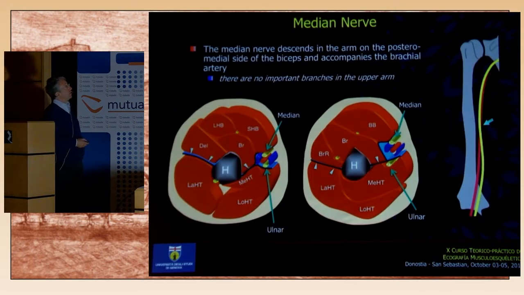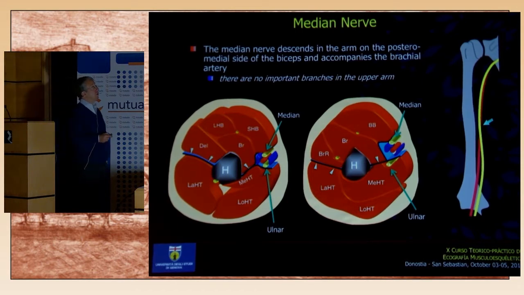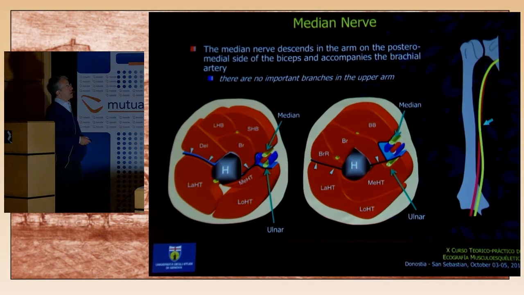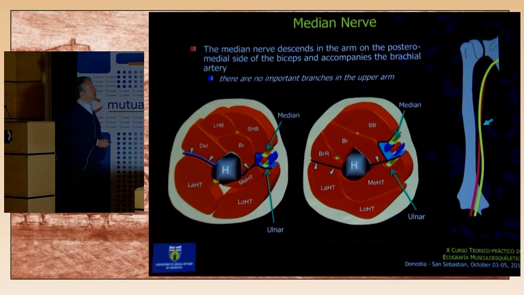So in the arm, the median nerve descends the medial aspect, passing in a division of the medial intermuscular septum, together with the brachial artery and some brachial veins and the basilic vein.